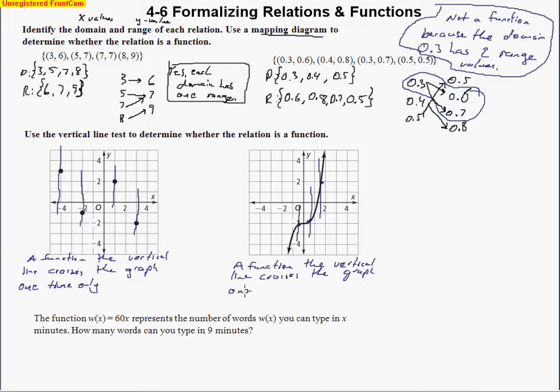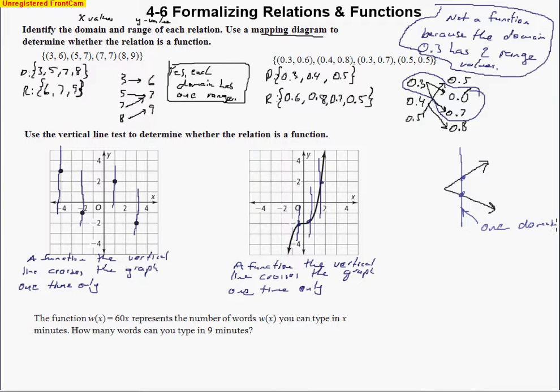So let me give you an example of a graph that would not be a function. If I had a graph that looks like this, this is not a function. And so let's see why. Because if I cross a vertical line through, look, it crosses it in two spots. See, this vertical line represents a domain. This is one domain because it's only going straight up and down.